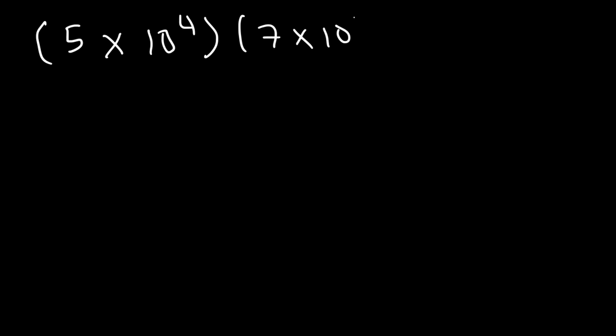Let's multiply 5 times 10 to the 4 and 7 times 10 to the minus 8. Try this one and be careful and make sure to put it in proper scientific notation. So let's multiply 5 times 7. 5 times 7 is 35.